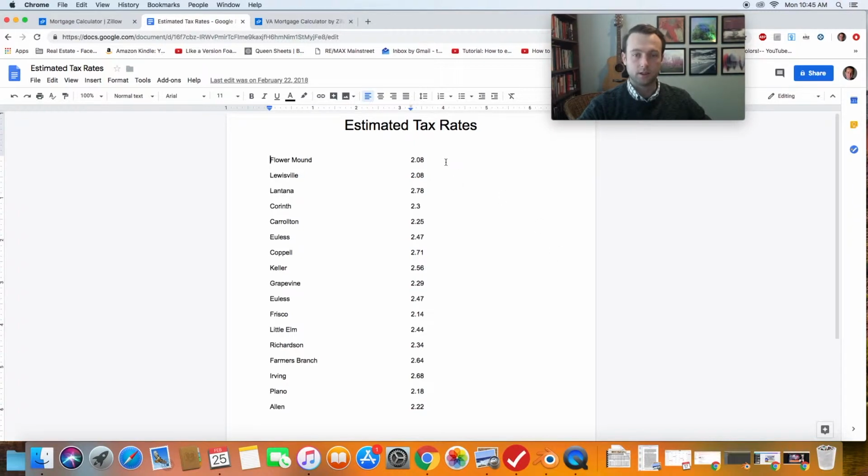As you can see, they range quite a bit. You have 2.08 over here, ranging all the way to 2.78. I know there are parts of Fort Worth that are in the 2.8 somewhere. So especially for people looking in different areas, this can definitely come into play. It's a good idea to know these different rates so that you can play with numbers and make a decision.